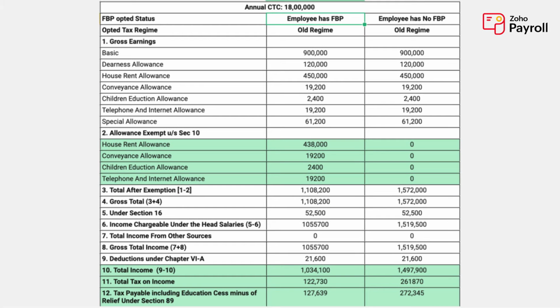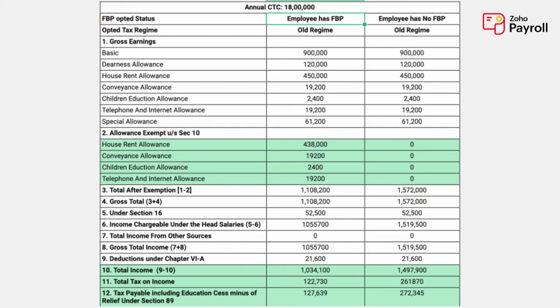In this case, let us understand a salary breakup where the company has provided a list of allowances to the employee. Employee A has opted for the flexible benefit plan, and employee B has not opted for the flexible benefit plan. We have taken the annual CTC as 18 lakh, and here is the breakdown for the annual CTC.